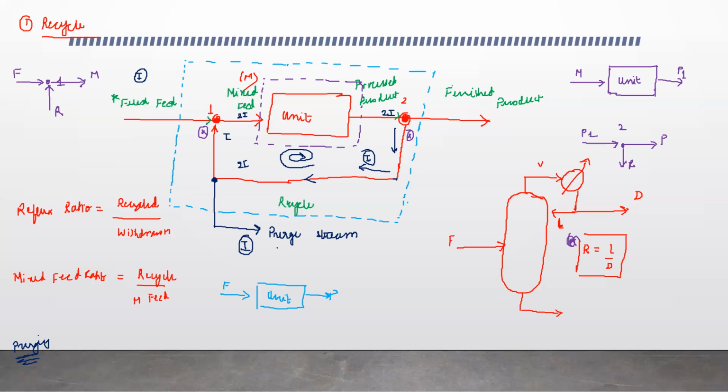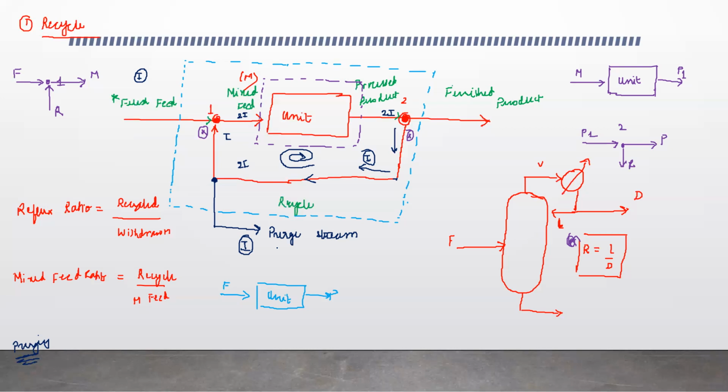But if there are inerts in the system and you do not have this purge stream coming out, then your inerts will get accumulated within the system and they will lead to system failure.